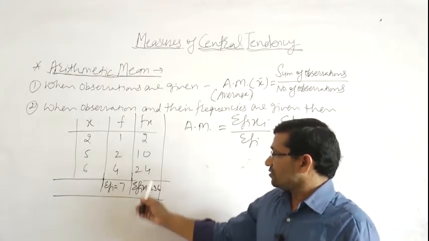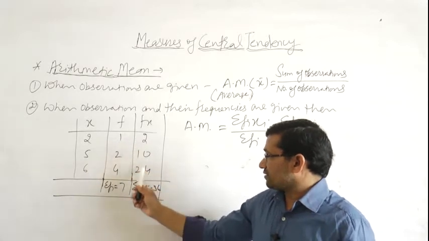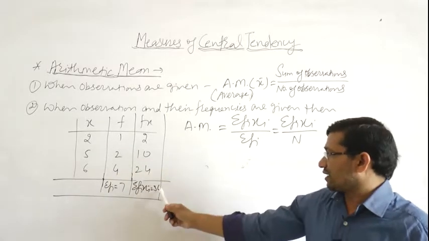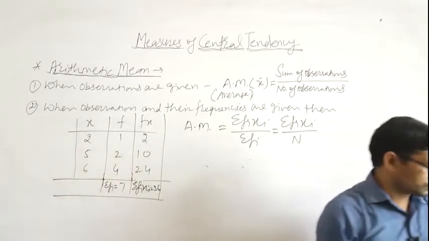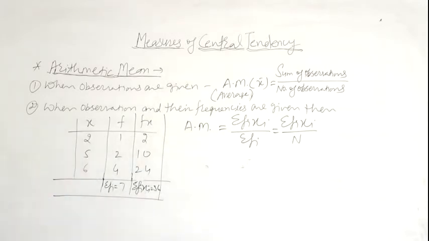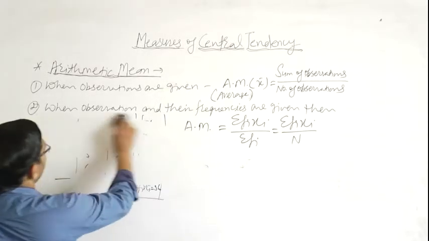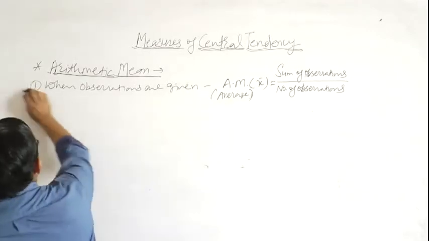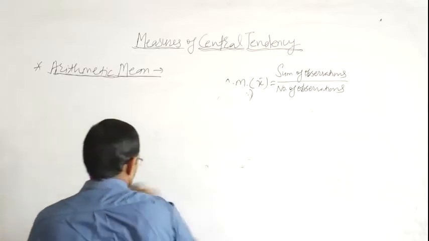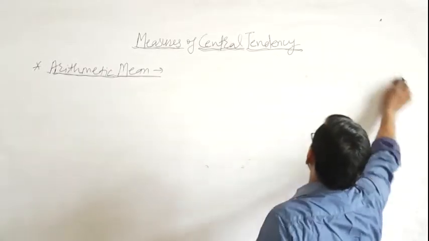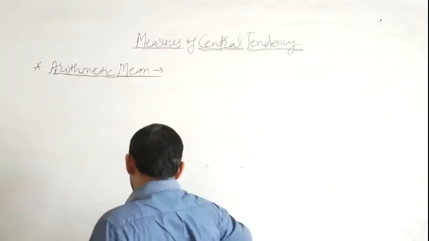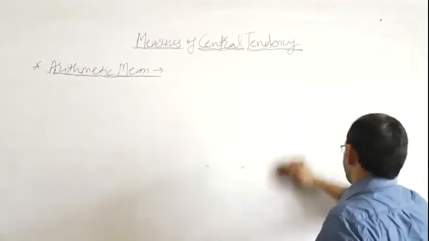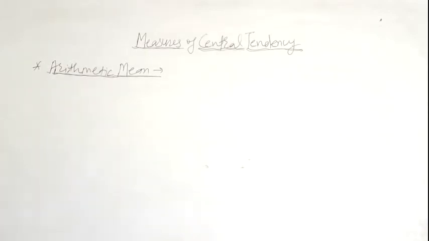So 2 plus 10 plus 24 is 36. So mean is 36 divided by 7. We use this method when observations and their frequencies are given: sigma fi xi divided by capital N.